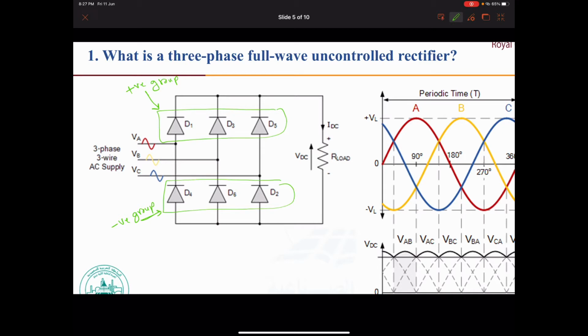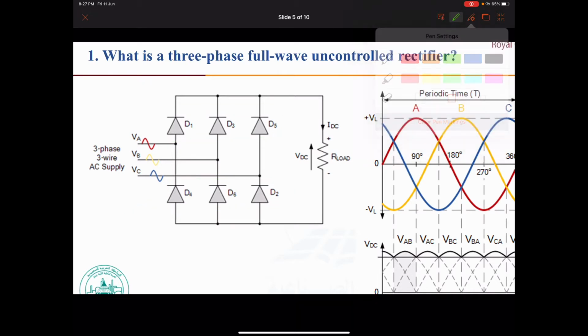Now let us see. I'm going to erase. Let us say that this is phase A and it is in the positive cycle now. It is in the positive cycle only. Now if the charge here is positive, and as you can see from D1, we have positive because of the anode and negative because of the cathode.